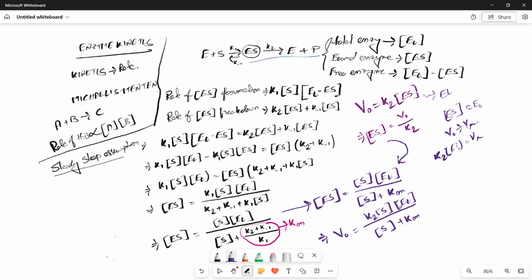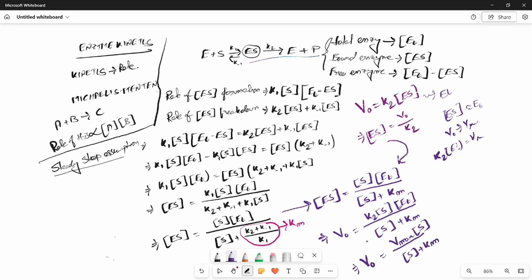From there, here we can write K2 ET equals Vmax, right? That is the maximum velocity possible. So V naught equals Vmax times S divided by S plus Km.